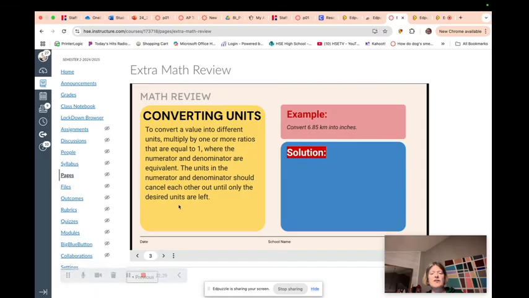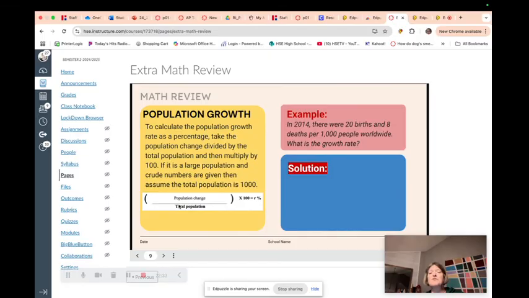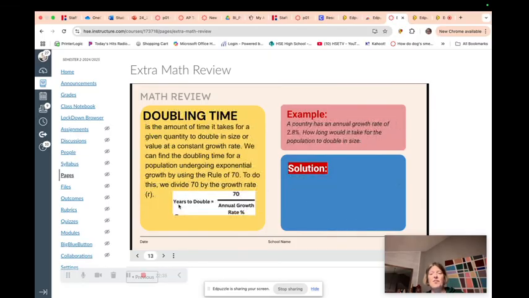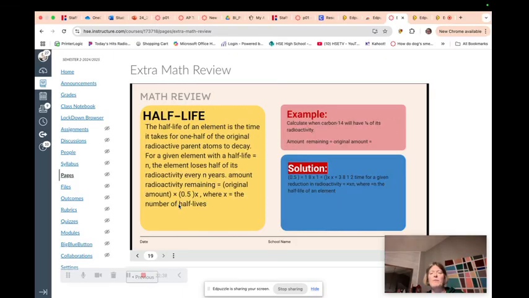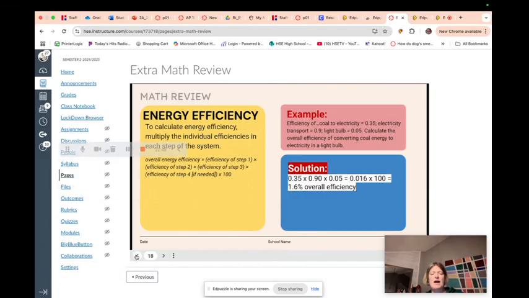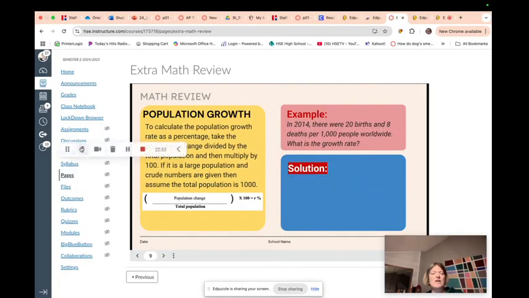It's going to cover percent change, primary productivity. It's going to give you sample problems for each of these different things. Okay, so this just walks through doing a problem for each of the things that we just talked about. And so I highly recommend that you go through this PowerPoint so that you can see what it's all about and hopefully understand it.